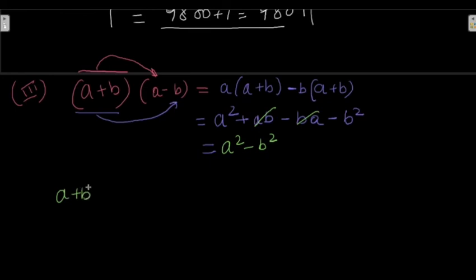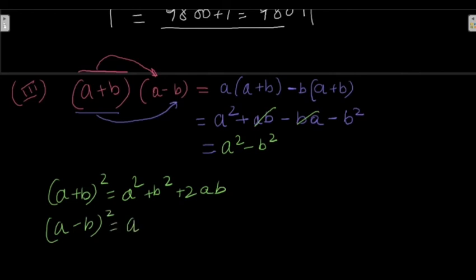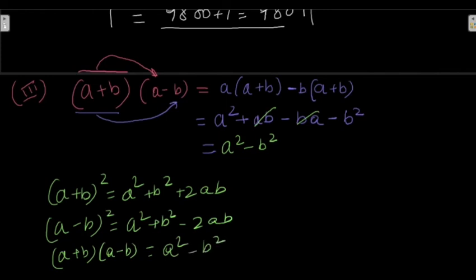A plus b whole square is equal to a square plus b square plus 2ab. Then we have a minus b whole square, which is equal to a square plus b square minus 2ab. And then we have a plus b into a minus b, which is equal to a square minus b square.